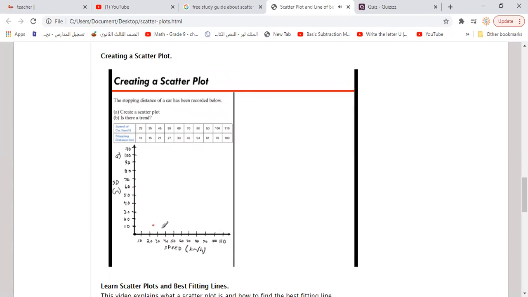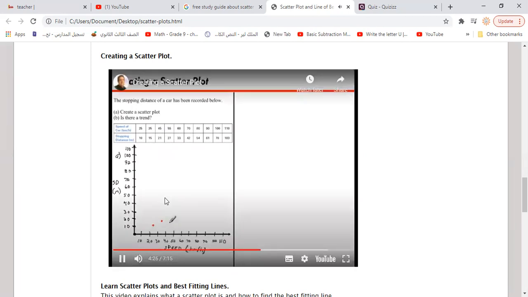Then the next point has an x value of 35 and a y value of 15. 35 is right here, and I go up to 15, which is right in between 10 and 20, and there's my second point. The third one will be 45 and 21. 45 is right about here, and 21 roughly right there.